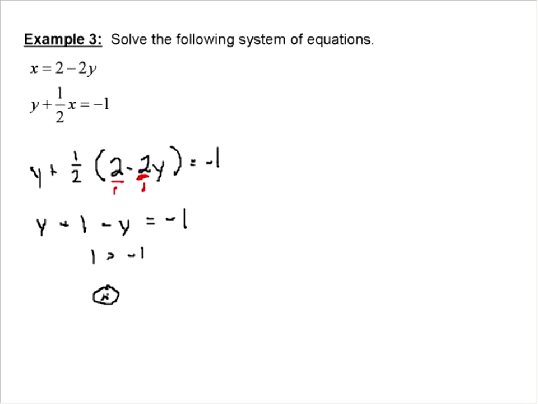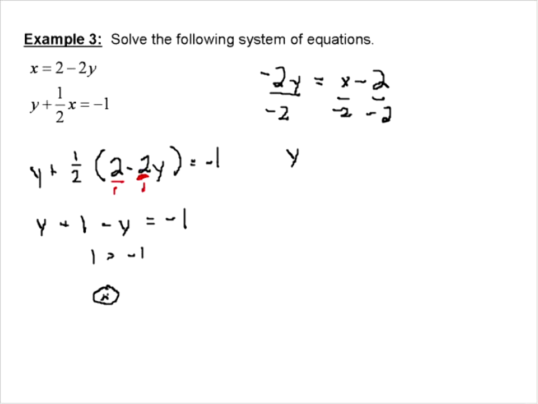So we're going to take the first equation, and it's going to become, and I'm just going to change things around here, negative 2y is going to equal x minus 2. When I solve that for y, that's going to be a negative 2.